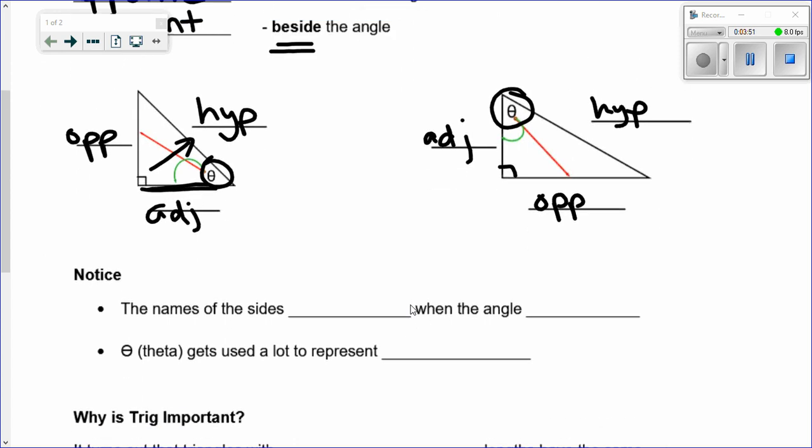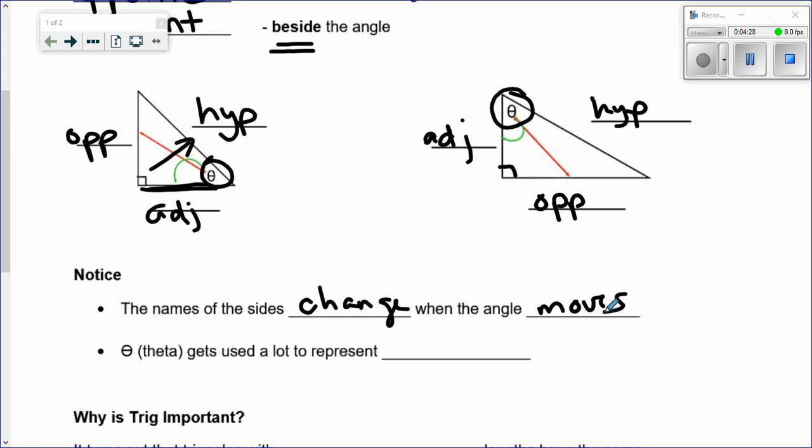Now, I want you to notice that the names of the sides change when the angle moves. They're actually not the exact same triangle, but when the angle was in the bottom right, it was adjacent and hypotenuse. When the angle was in the bottom left, these sides changed. Notice that the longest side is still the hypotenuse, but which side is labeled adjacent depended on where that angle was.